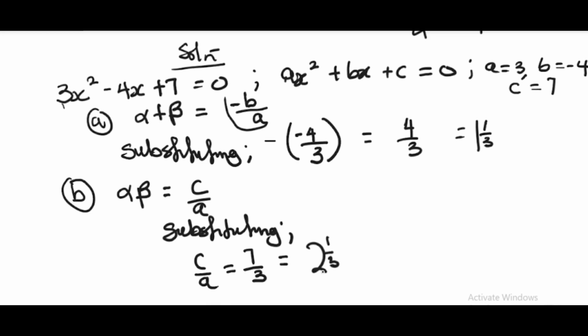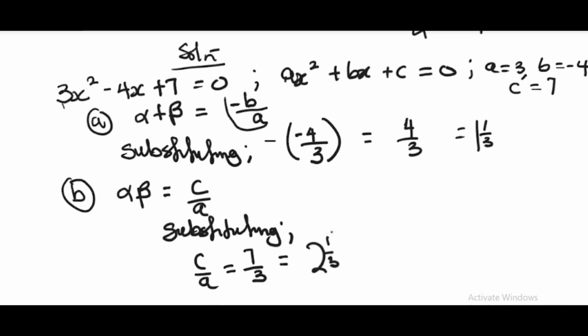Now let's get into the main business of the day, because in external exams, most times nobody tells you to find alpha plus beta or alpha beta. But whether you are told to find it or not, you will always need it. The question I lifted was actually a WAEC question, but parts A and B were not there. I just added them so that you can see how to get sum and product.